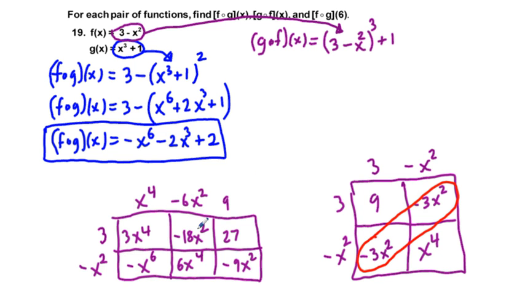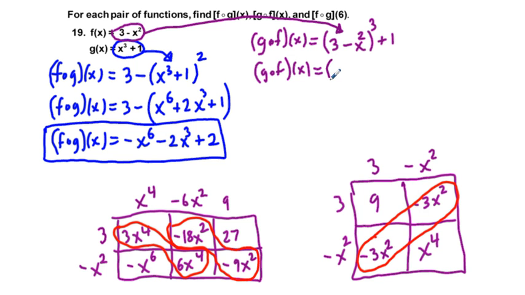And so we have with these like terms, which I'm going to circle together, we have our x to the fourths right here. And we have our x squareds right here. I'm just trying to be careful and put them together. And working all this out, we get g of f of x is equal to, we're going to put everything together here.